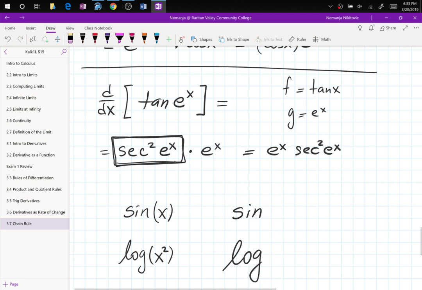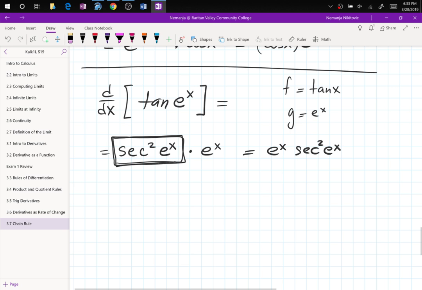And the other ones are even worse, because this has no meaning whatsoever if you just put it down and walk. So that's that. This e to the x is buried because it's the argument of secant, and this e to the x is its own function, which is why we are allowed to put it in front.